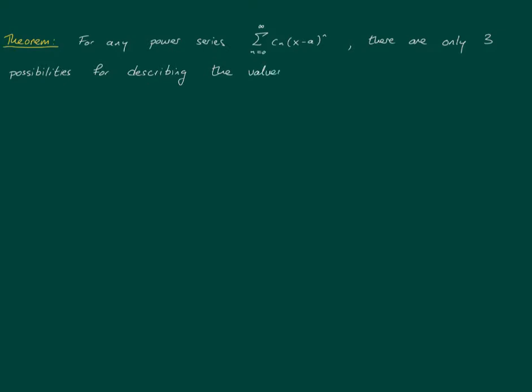Okay, so theorem. For any power series, sum Cn (x minus a) to the n, there are only 3 possibilities for describing the values of x for which the series converges.